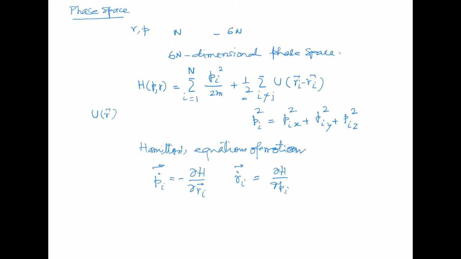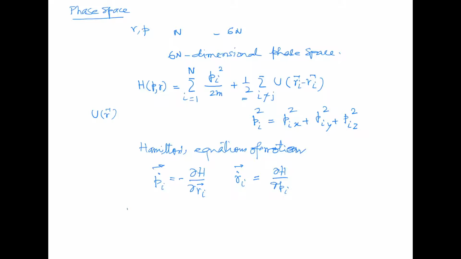Now, in the absence of external time-dependent forces, Hamiltonian H has no explicit dependence on the time. The value of the Hamiltonian is the energy which is constant of the motion, because that we have already seen in classical mechanics. If the external force which has a dependence on time is not present, then the energy will be a constant of motion, and Hamiltonian represents the total energy over here.